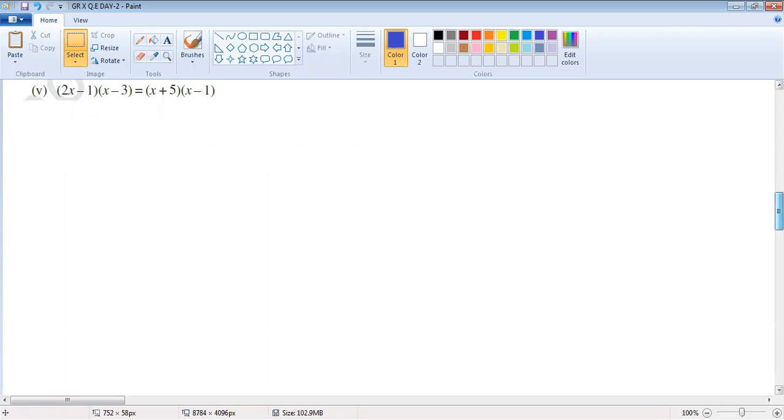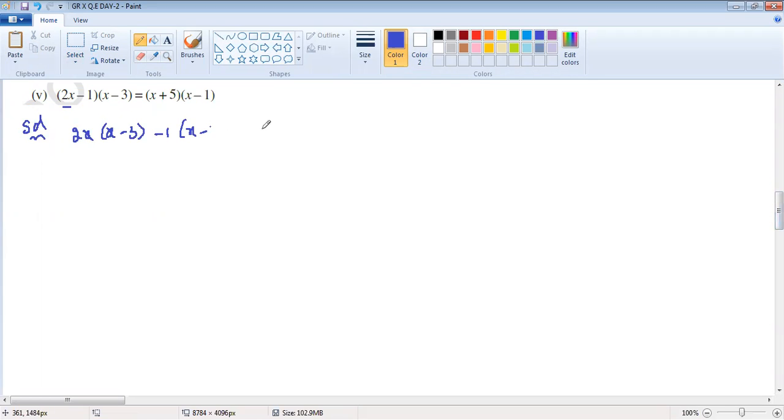See the left side. This one also has to be simplified. You open the bracket: 2x into x minus 3 minus 1 into x minus 3. Similarly, x into x minus 1 plus 5 into x minus 1.